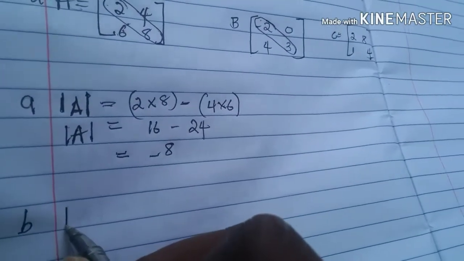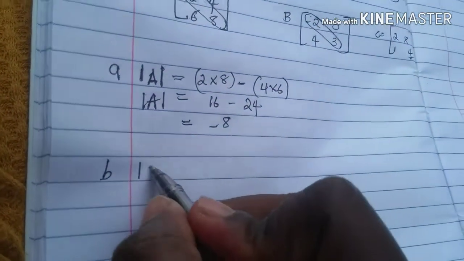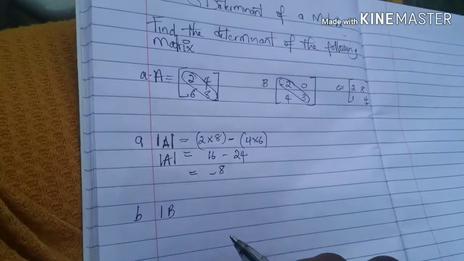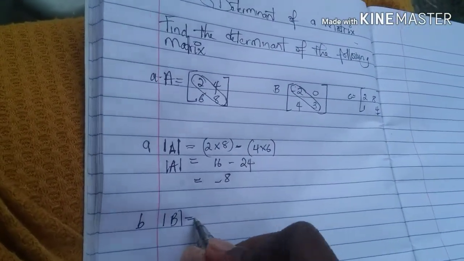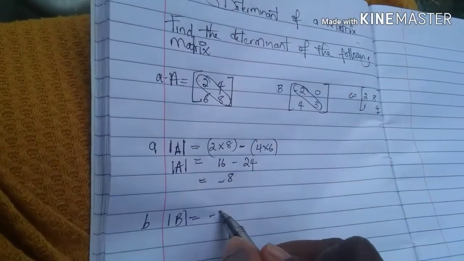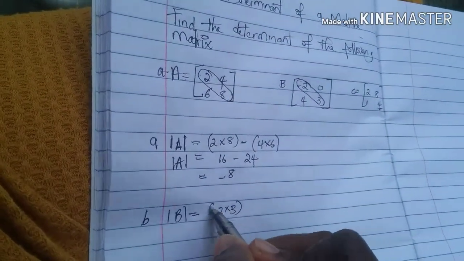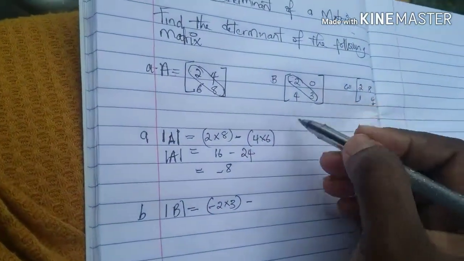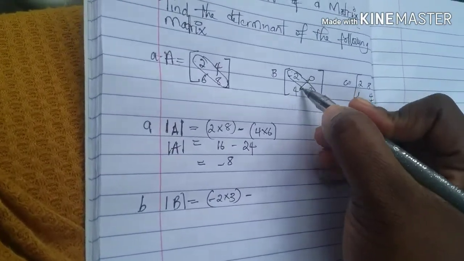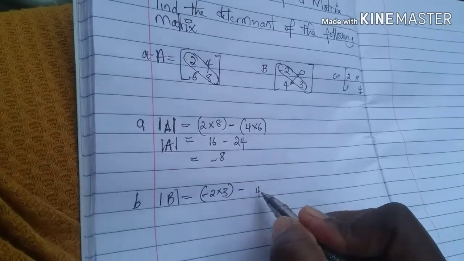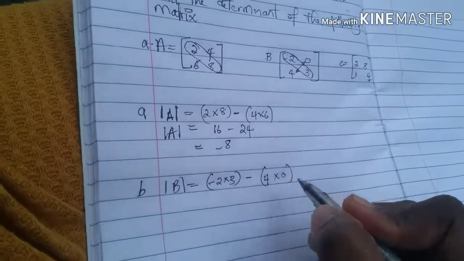So the determinant of B is equal to negative 2 times 3 minus the non-leading diagonal, which is 4 times 0. I use an arrow to represent the non-leading.